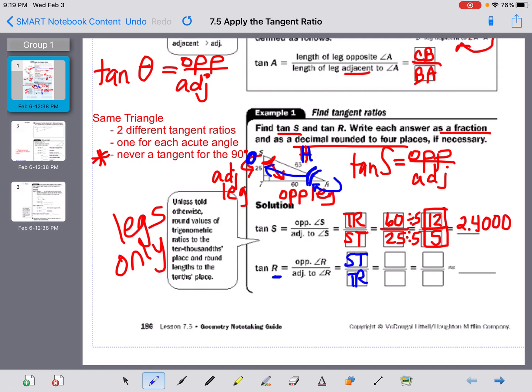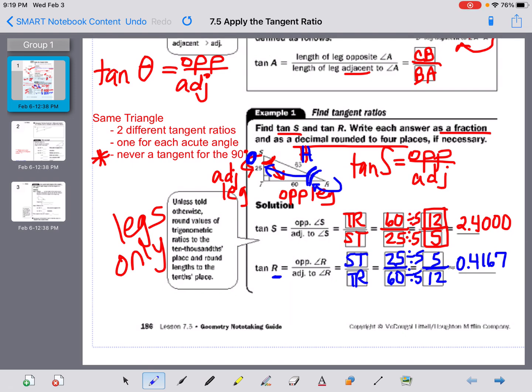Okay, so opposite R is 25, and adjacent to R is 60, and like any ratio, we need to reduce it to lowest terms. So divide both of them by 5, and I get 5 over 12. All right, very different fraction when I flip that fraction. As a decimal, 5 divided by 12. This one definitely has more decimal places, 0.416, and I'll round to 7 now.